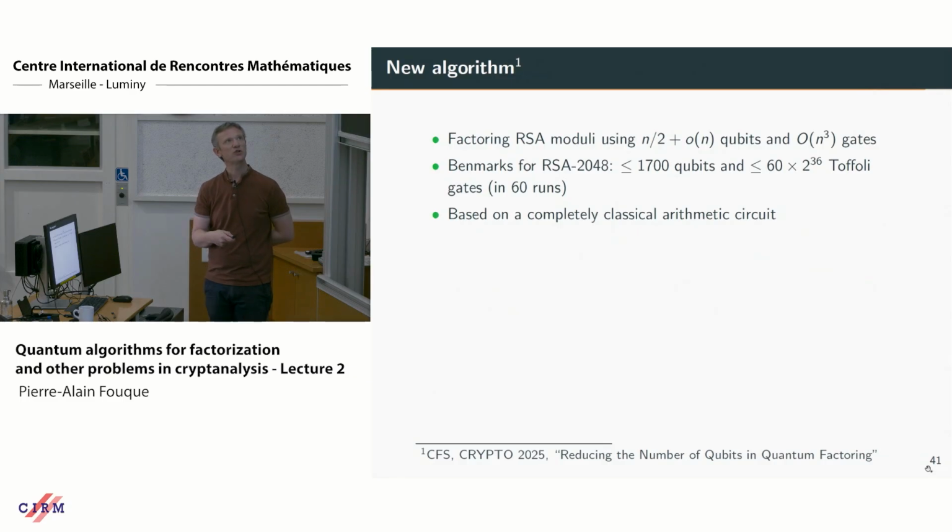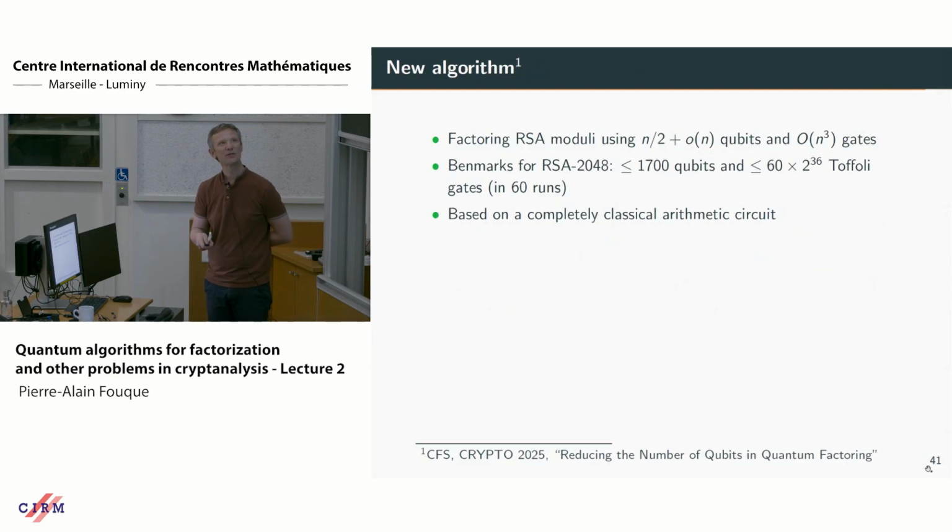And so we will show that it's possible to factorize using only n over 2 qubits plus something, okay? And the number of gates will be that one, okay? But it's like Shor's algorithm if you use a schoolbook algorithm. Okay, so in our case, we'll show that we are able to use such many. So the little o here is a little o, but it's not as little as we hope.